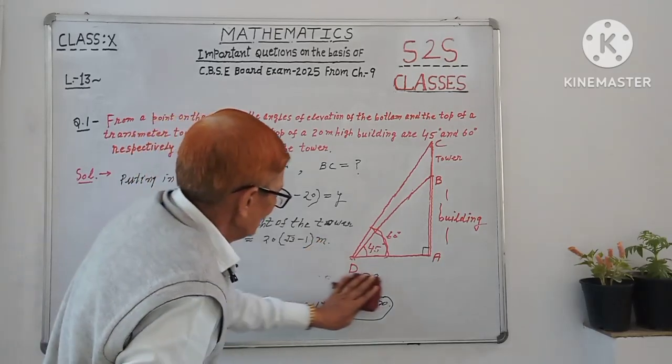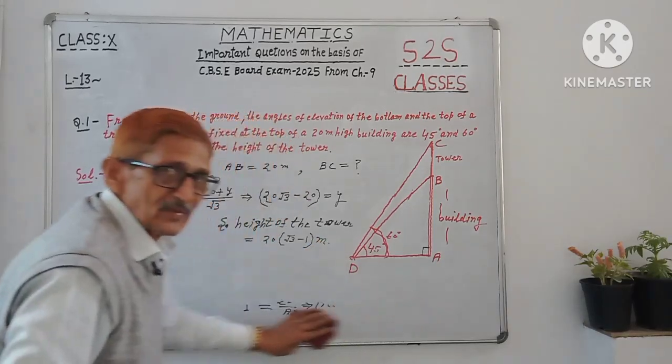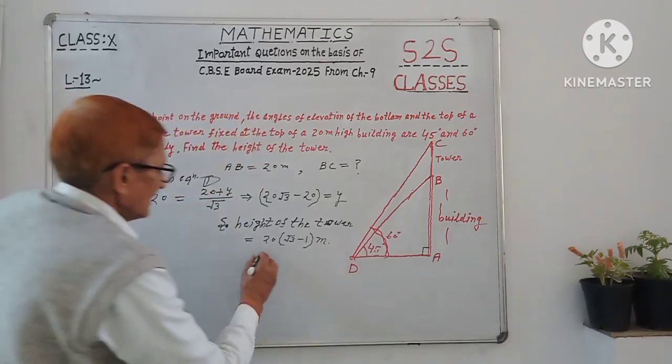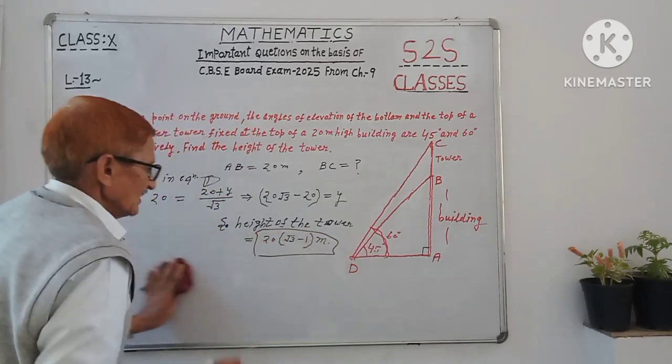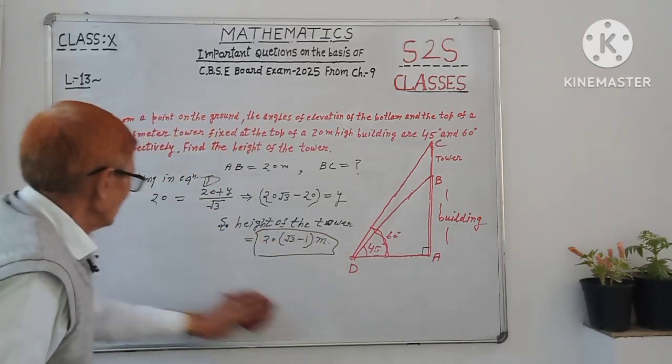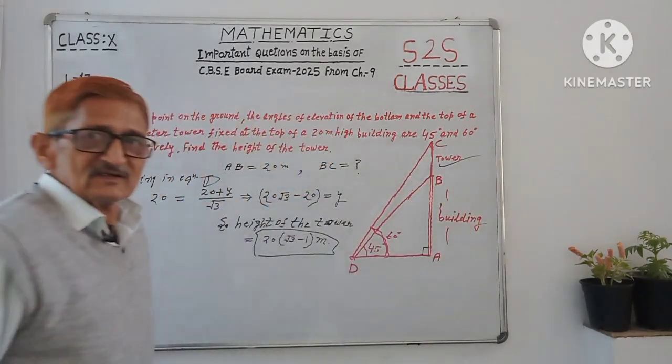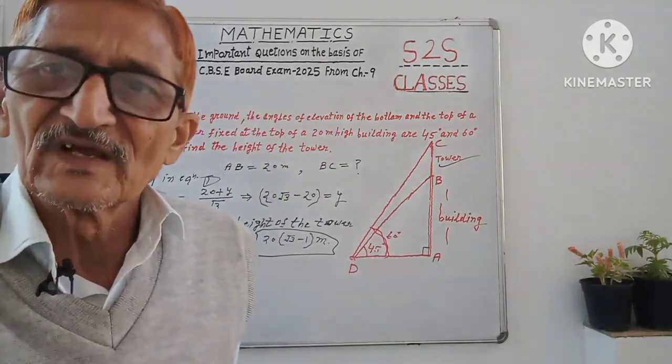If root 3 value is given in the question paper, then we have to put that value in the end here and then calculate. That will be the height of this tower. Done. So like this, next question we can.